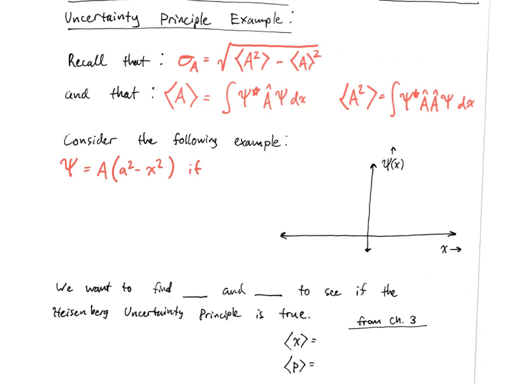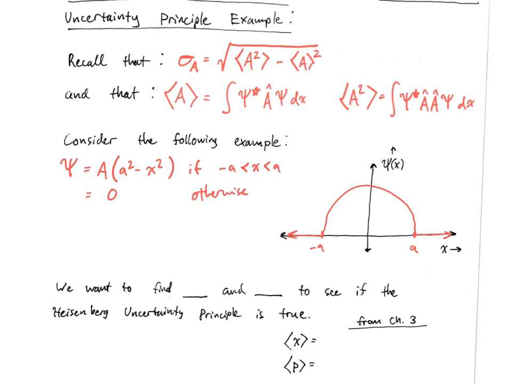And this will be true if x is in between negative a and positive a, and it will equal 0 otherwise. So what does this function look like? This function goes from negative a to positive a, and it's going to form a parabola shape like this, and then it's going to be 0 all along the axes like that.